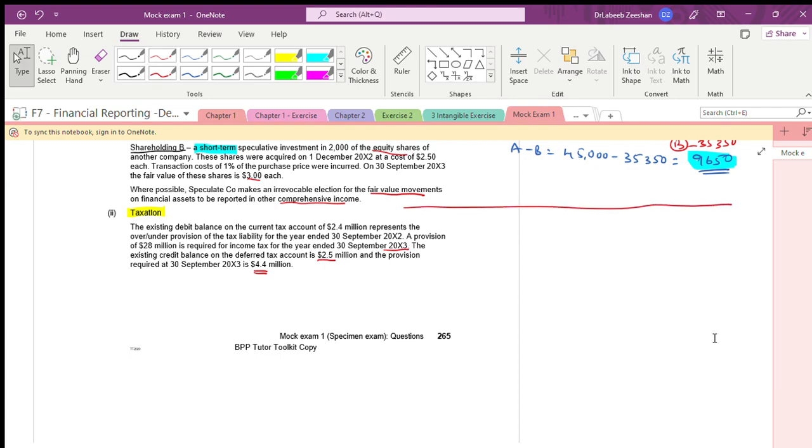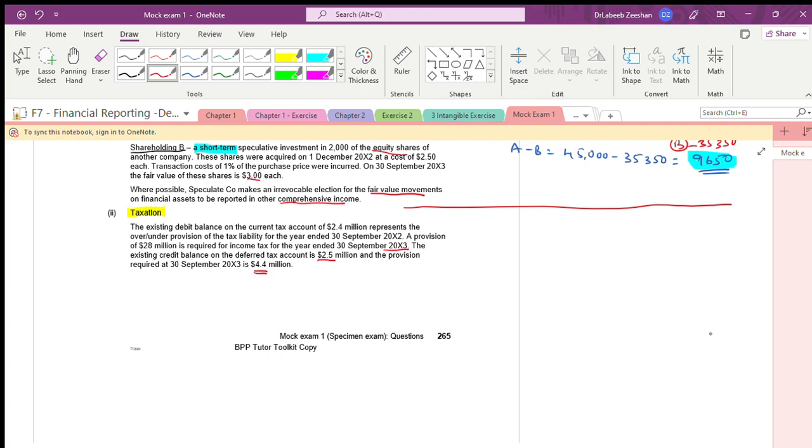Okay, taxation. Now, deferred taxation. See, the existing debit balance of the tax account is 2.4, representing an under provision or over provision of the liability.